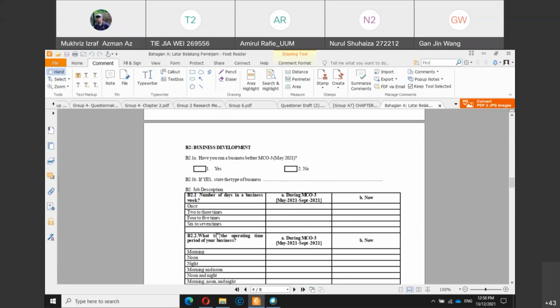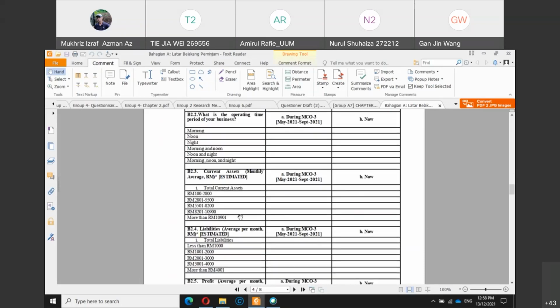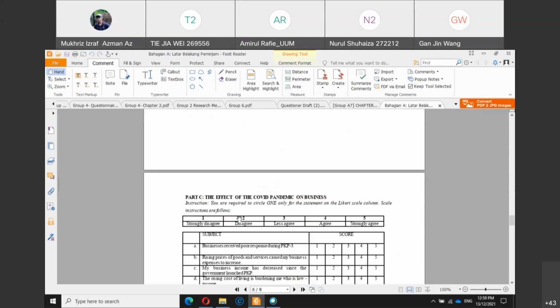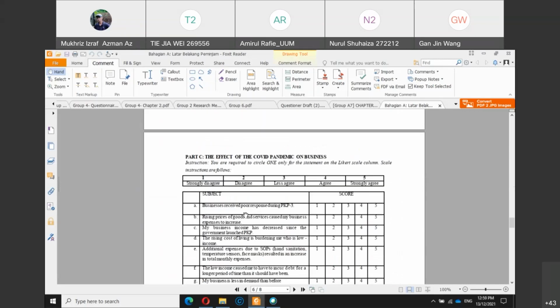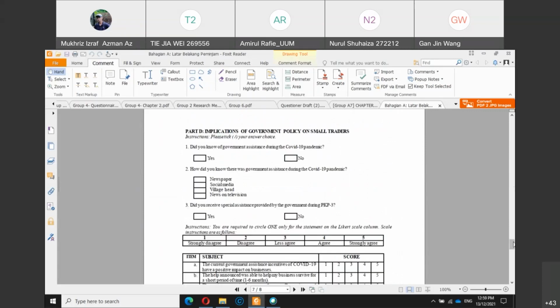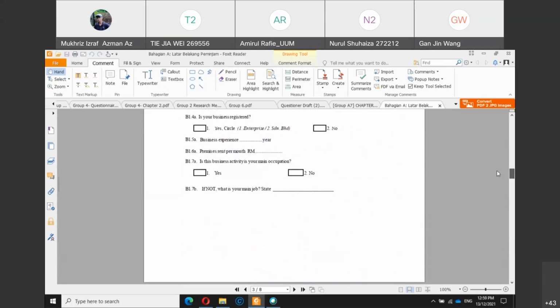Yang ni kan, you all tanya apa meniaga pagi, petang, malam, pukul berapa, jumlah aset, semua ni. So yang ni ada kaitan dengan SME ke? Yang you all nak fokus tu SME ke?